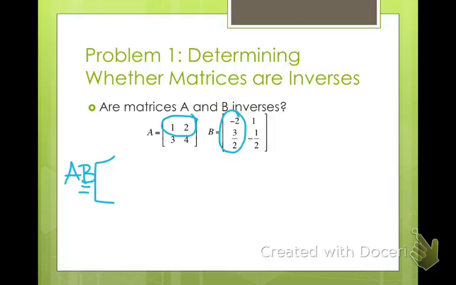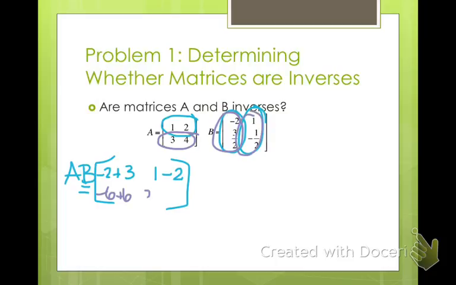is equal to 1 times negative 2 is negative 2, plus 2 times 3 halves is 3, and this one, that's 1 minus 2, and then in the bottom we have negative 6 plus, let's see, that's 2 times 3 is 6, and this one, that's 3, and 4, negative 2.